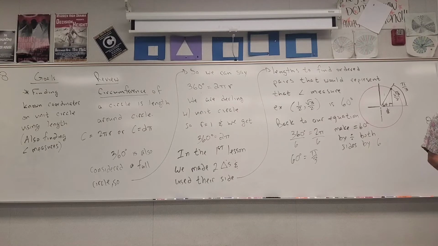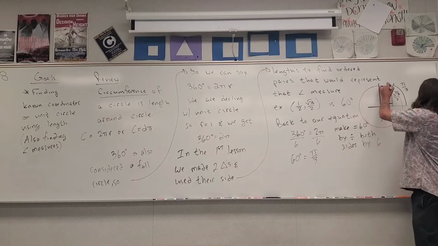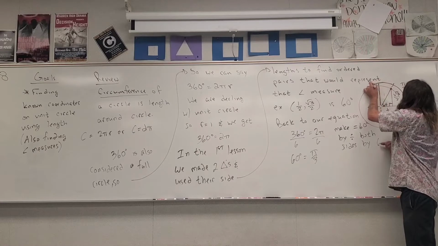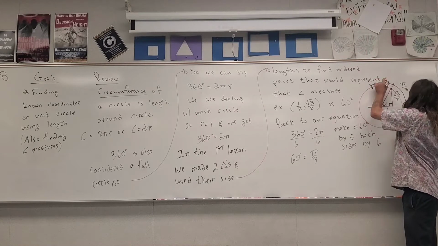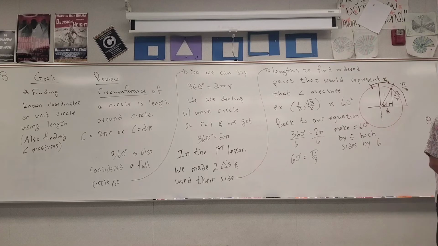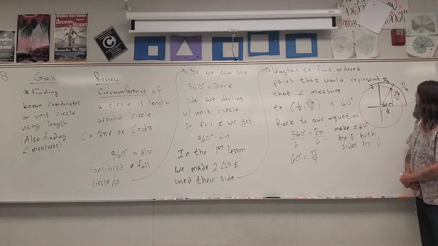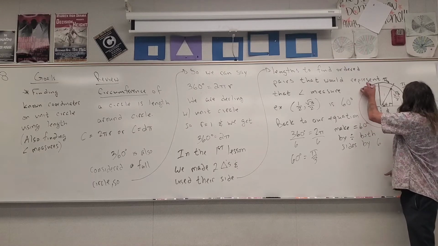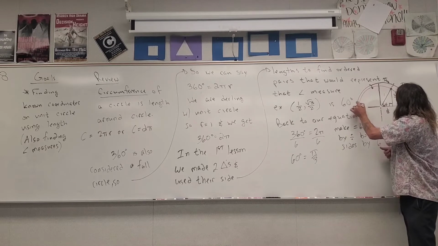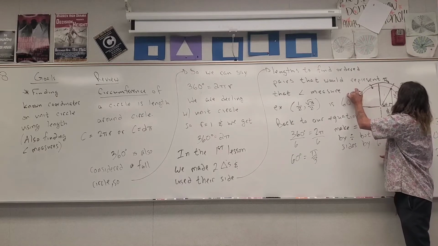If I want to get to 120 degrees, I have to travel another length of pi/3, which is 2 pi/3. If I want to go another 60 degrees, I have to travel another pi/3, and that takes me to 180 degrees.